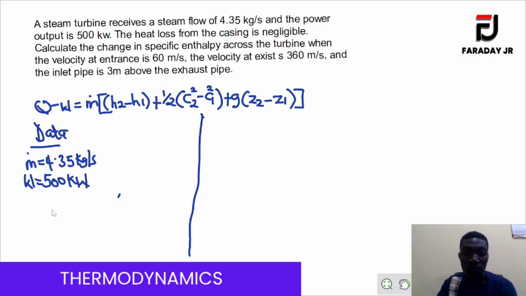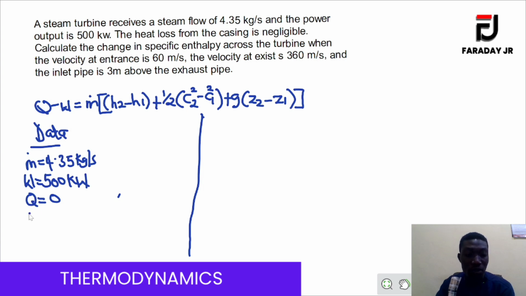Then the heat loss from the casing is negligible, so at this point our Q is equal to 0. Last but not least, calculate the change in specific enthalpy across the turbine when the velocity at entrance is 60 meters per second.